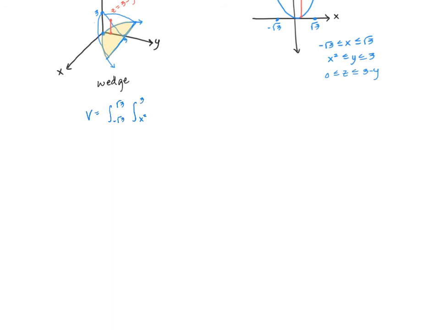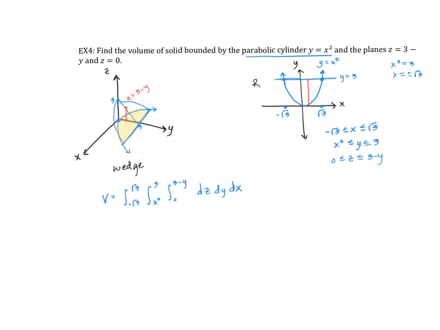Once I've evaluated with y, I'll have an expression with x, but when I evaluate with respect to x, it'll be gone. The inner is going to be my z, 0 to 3 minus y, dz, dy, dx. The integrand is 1 because in the beginning I was asked to find a volume.